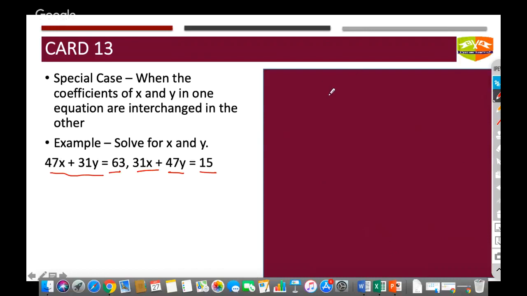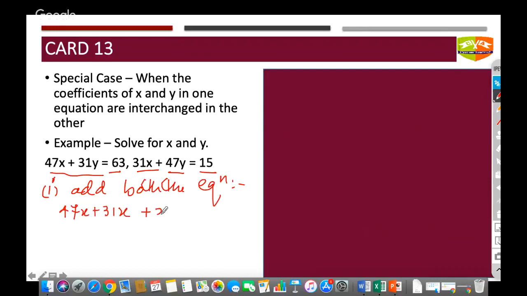When the coefficients of x and y are interchanged in both the equations, the first step is to add both the equations. By addition, I get 47x plus 31x plus 31y plus 47y is equal to 63 plus 15.